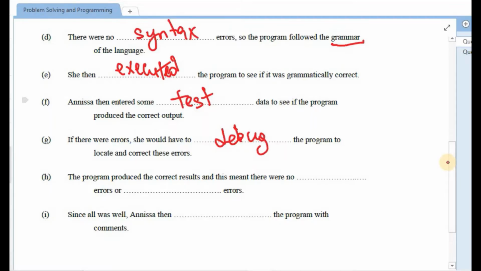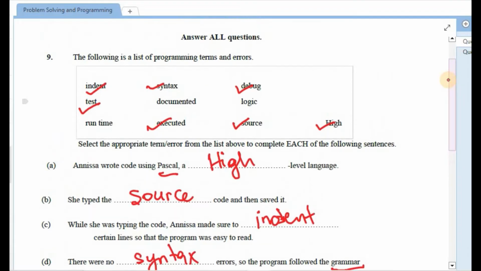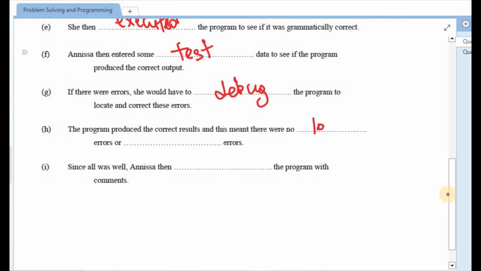H says the program produced the correct results, and this meant that there were no dash errors or dash errors. So what are the other types of errors outside of the syntax errors? We have runtime error and we also have logic error. And I believe that these can be used interchangeably. So no logic and or runtime.